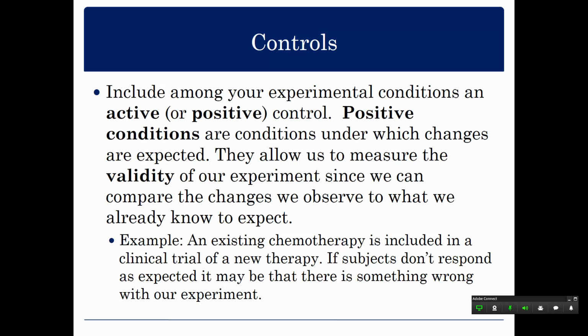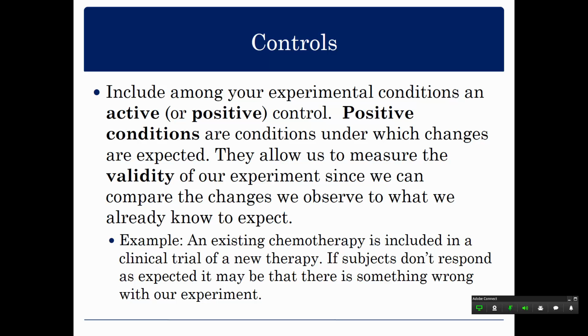And having a negative control or an untreated control would actually allow us to measure that expected progression or resolution of the disease and compare it to what's observed in individuals who are actually treated with a drug. Another kind of control, which is one that's seen very often in medical research, is the positive or active control.